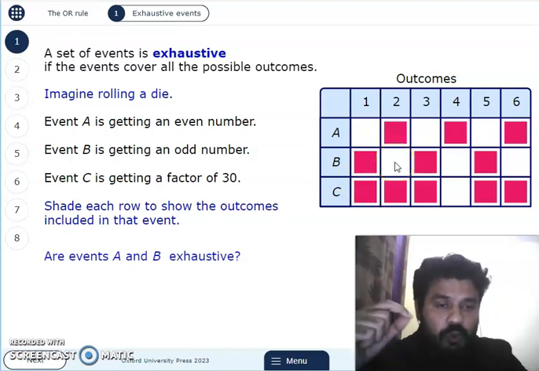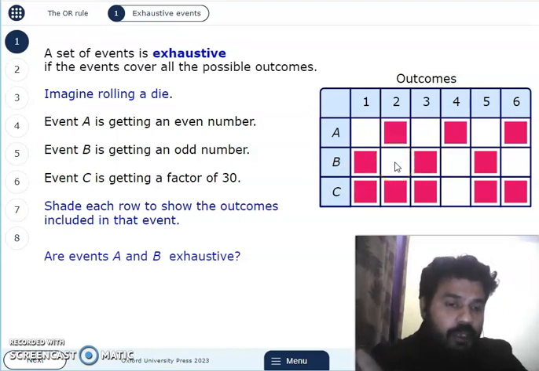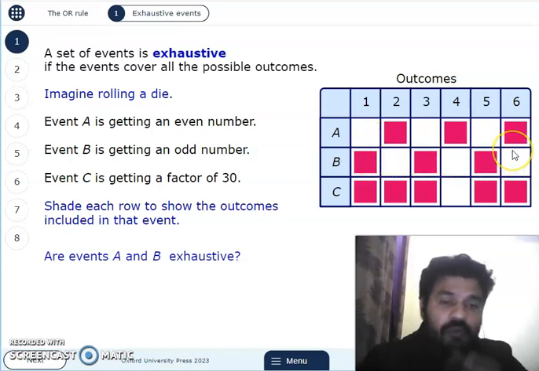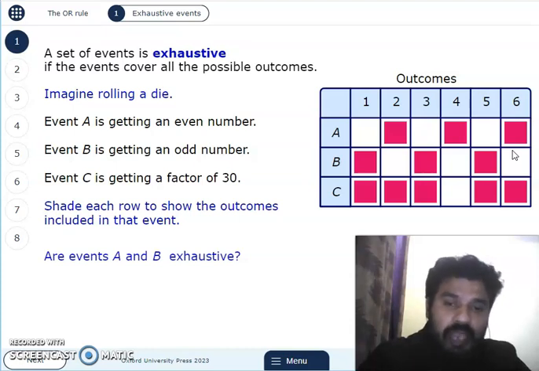Alright. Now 2 is not being covered in B, but that is already covered in A. And 3 is covered and here 5 is covered. Now you will check whether all the 6 possible outcomes are covered or not. If all the 6 outcomes are covered, then A and B are called exhaustive events.